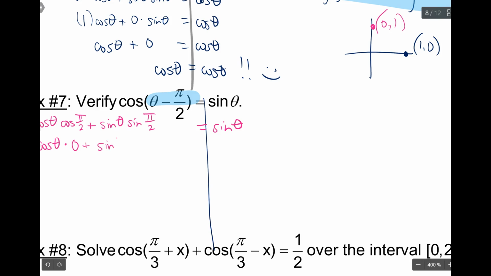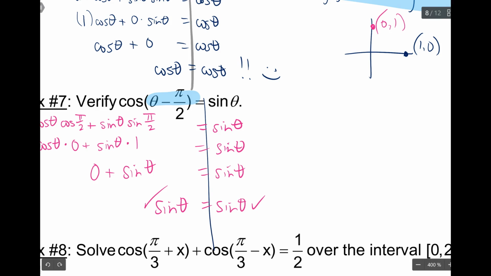Plus sine theta. Sine of pi over 2 is positive 1, so sine theta times 1 is sine theta. So 0 plus sine theta is just sine theta, which is equal to sine theta.